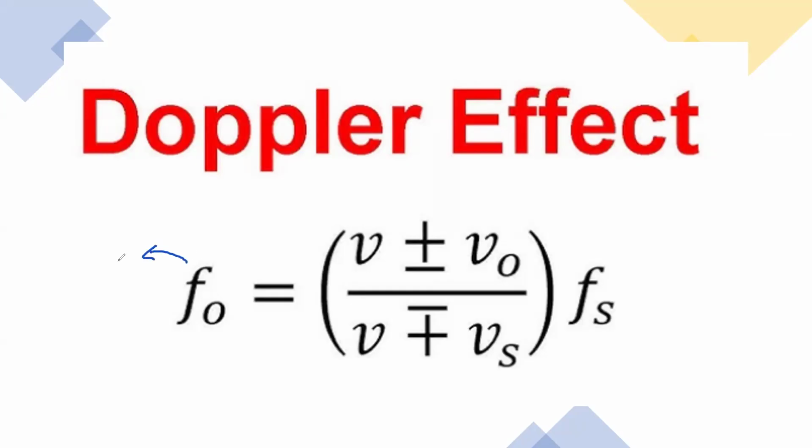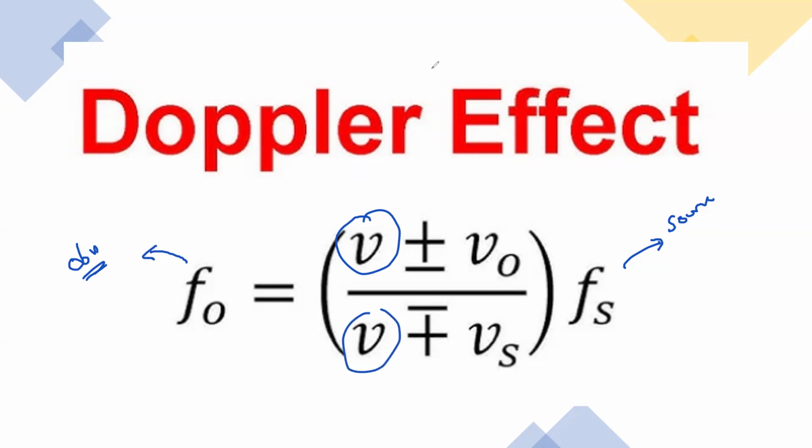What is f naught? f naught is the observed frequency, like what we receive. It's not the source, where fs is the source frequency, the frequency produced by the source. v is the speed of the wave.